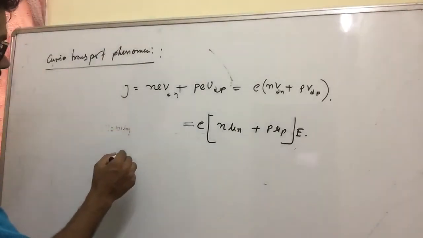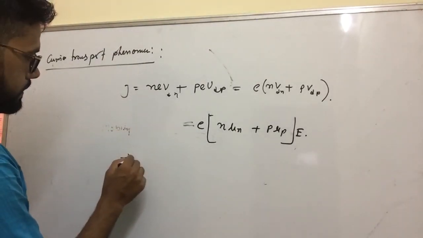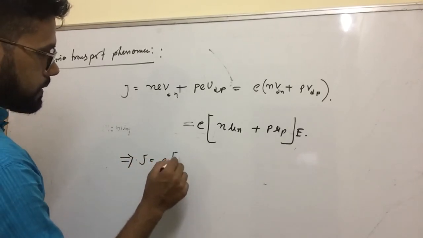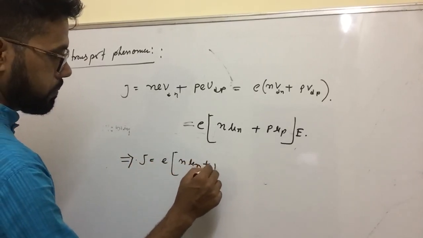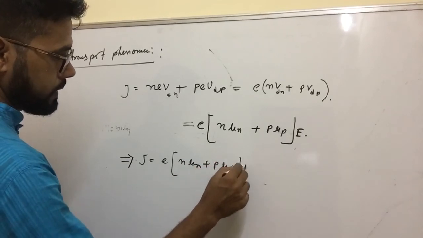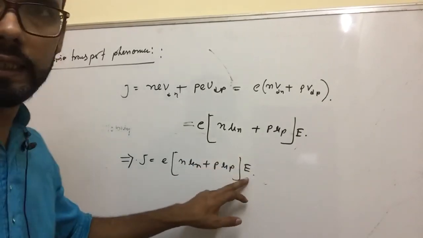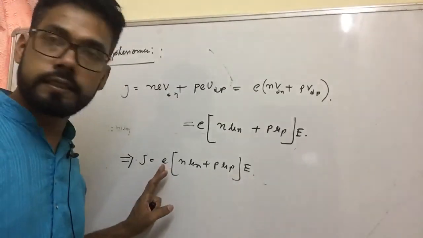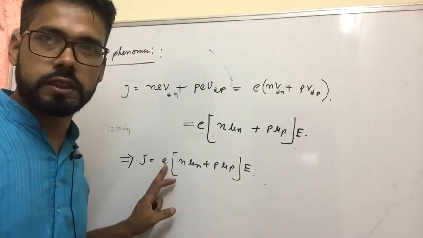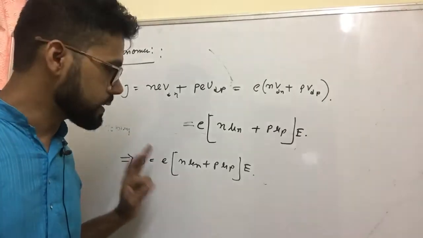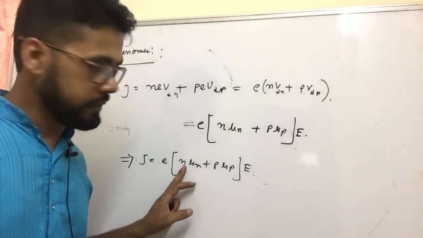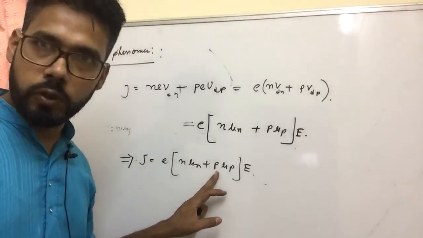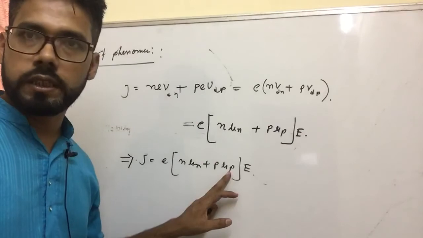So J equals e times N mu n plus P mu p, times E. E is the applied electric field or voltage. Now you see the current density in a semiconductor. e is the charge of the electron, a constant, 1.6 into 10 to the minus 19 coulomb. N is the number of carriers. Mu n is the mobility of electrons. P is the number of holes, and mu p is the mobility of holes.